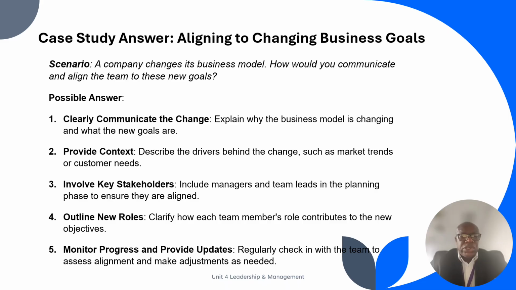Clarify how each team member's role contributes to the new objectives. And then lastly, you monitor the progress and provide updates regularly, checking in with the team to assess alignment and make any adjustments as needed.